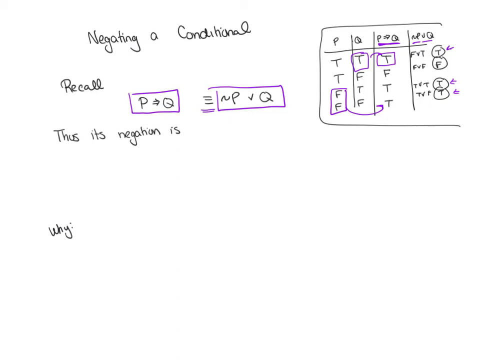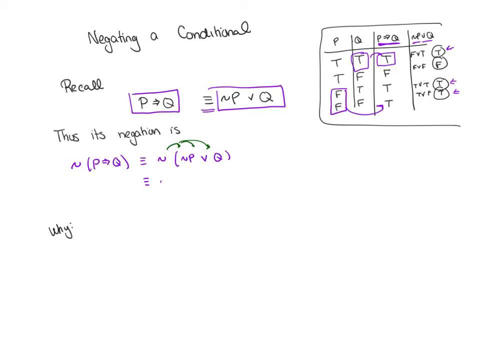And now if I want to negate P implies Q, I know that's just going to be the same as negating not P or Q. So when I negate that, we like to think about this as distributing that negation to each symbol, although that's not really what we're doing, but it is how it kind of looks.